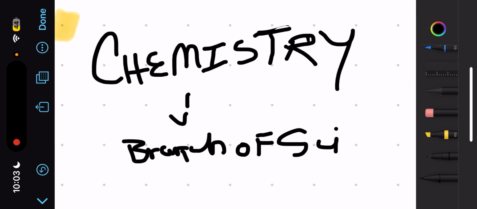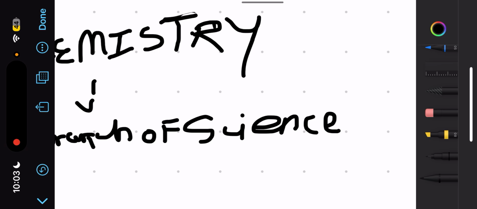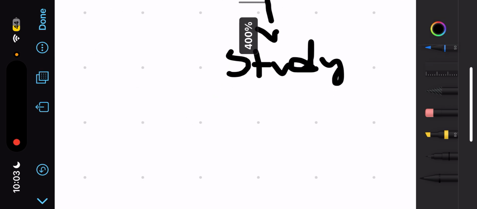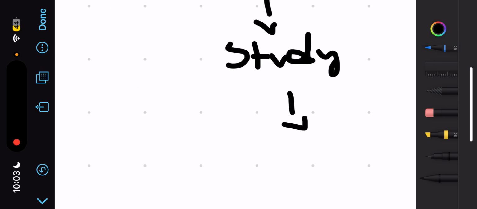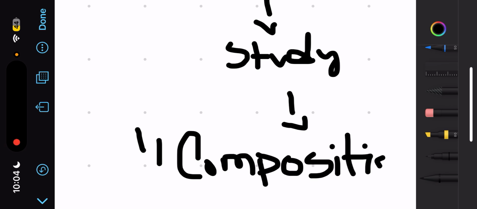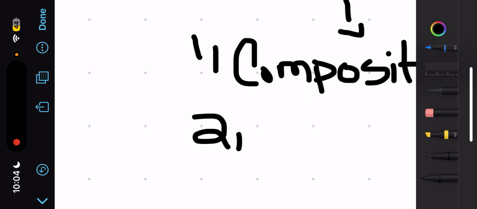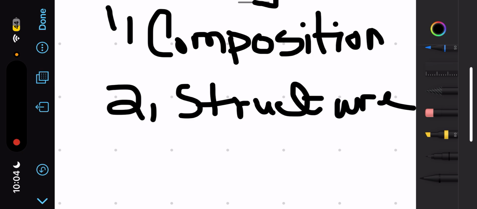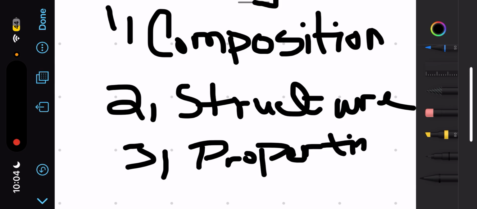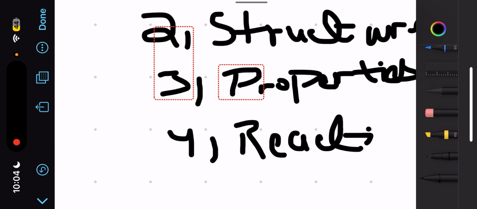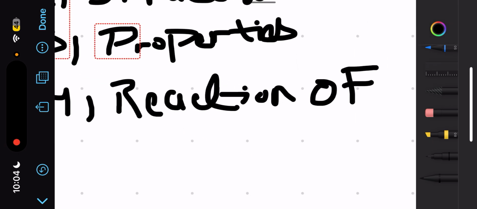In chemistry we study a lot of things: number one, composition; number two, structure; number three, properties; and number four, reaction of matter.